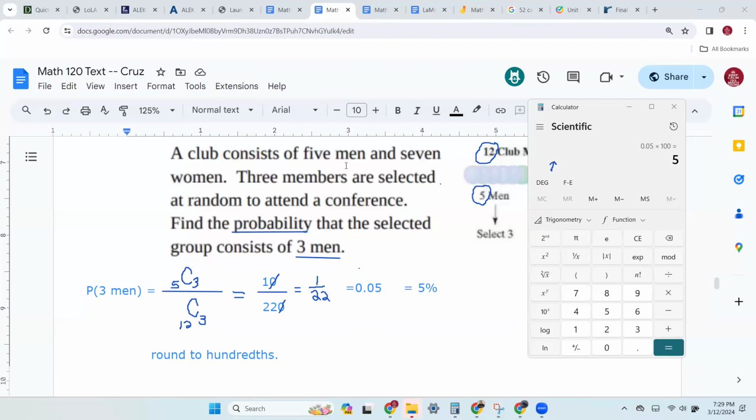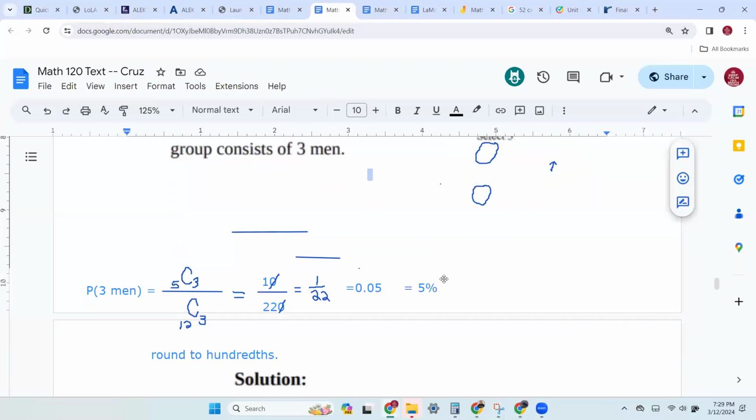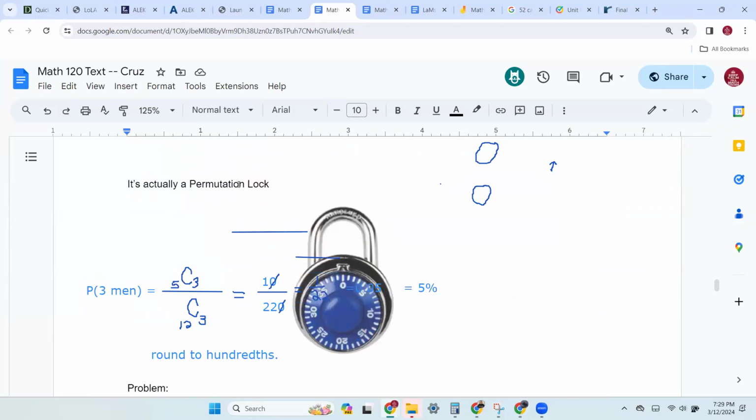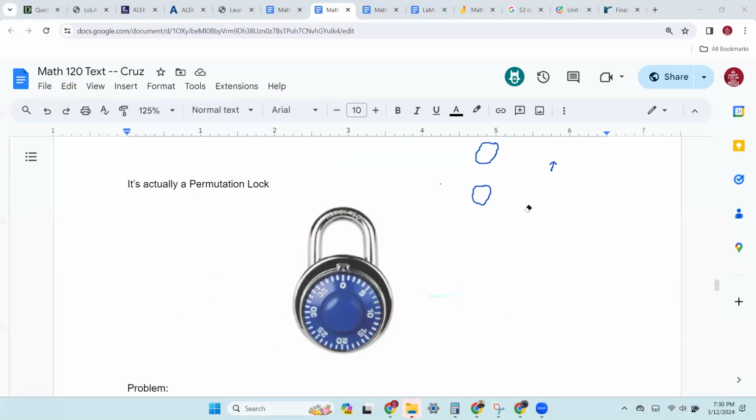All right, let's see what else we can get into. Now, usually people in school call this a combination lock, but mathematically speaking, it's a permutation lock because the order is important.